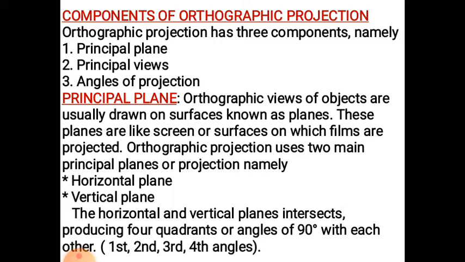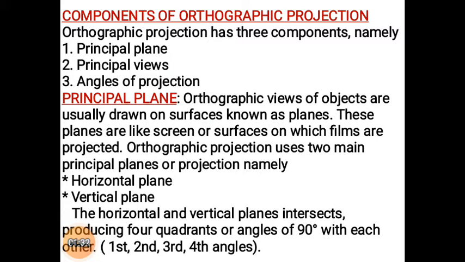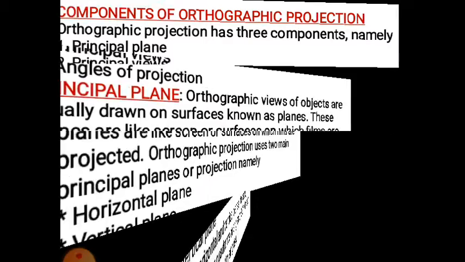The two types of principal planes are the horizontal plane and the vertical plane. The vertical plane and horizontal plane intersect at an angle and produce four quadrants or angles of 90 degrees each, which are the first, second, third, and fourth angle, or first, second, third, and fourth quadrant.